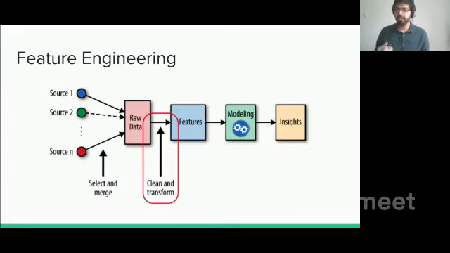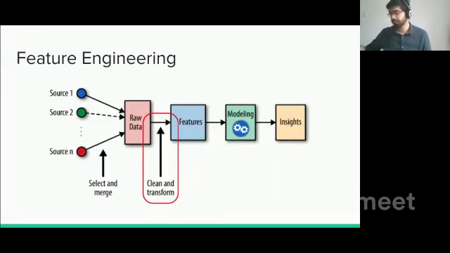It's your input to your modeling, and you have different sources of data. You have source one, source two. You can have all kinds of data sets that exist, and you store them as raw data. That's where your data engineers come in. They collect data from different sources and store them in your data warehouses, in your databases, and then you have this raw data being converted into features that could be fed into your machine learning models.